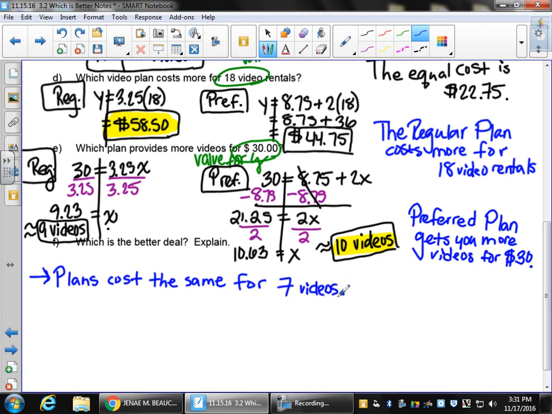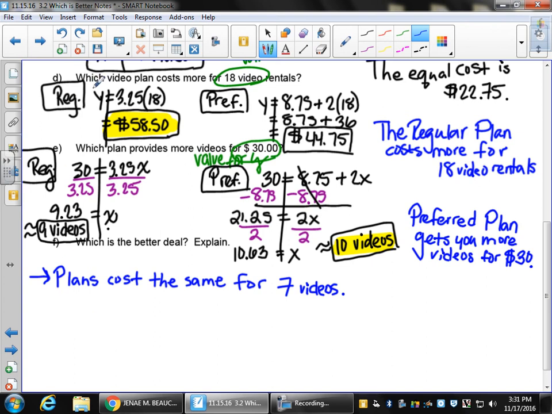So logic first, right? If they're the same at 7, it kind of makes sense that on the 8th rental, you would start saving money. So did we do some work where you rented more than 7 and saw the results?